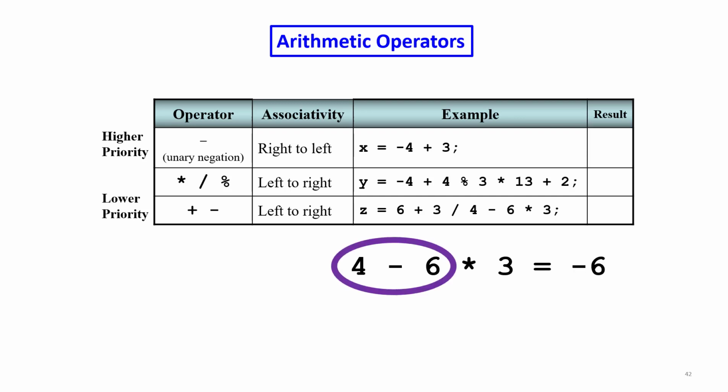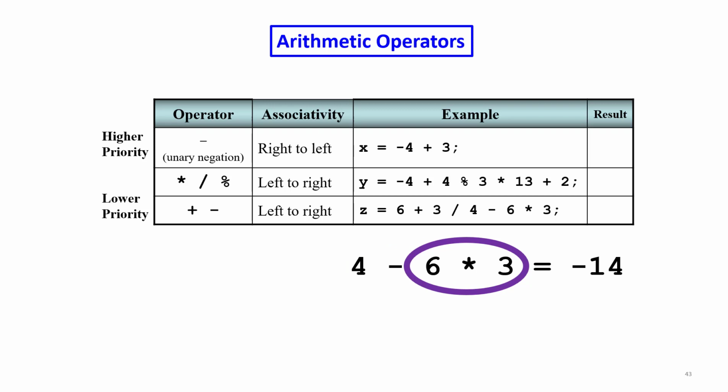If I subtract 6 from 4 first, I get minus 2. Then when I multiply by 3, the result is minus 6. But if I multiply 6 by 3 first, I get minus 18. Then when I subtract that from 4, the result is minus 14.